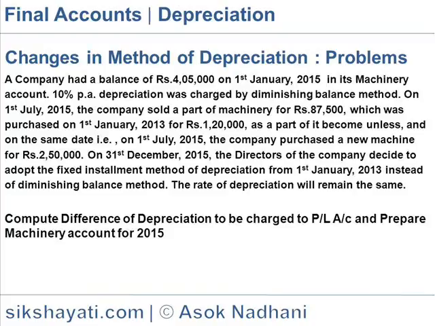So the written down value is 3,80,000 minus 38,000 plus 34,200, which is equal to 3,80,000 minus 72,200, which is equal to 3,07,800. Hence, the difference in depreciation charged to PL account is 3,07,800 minus 3,04,000, which is equal to 3,800.